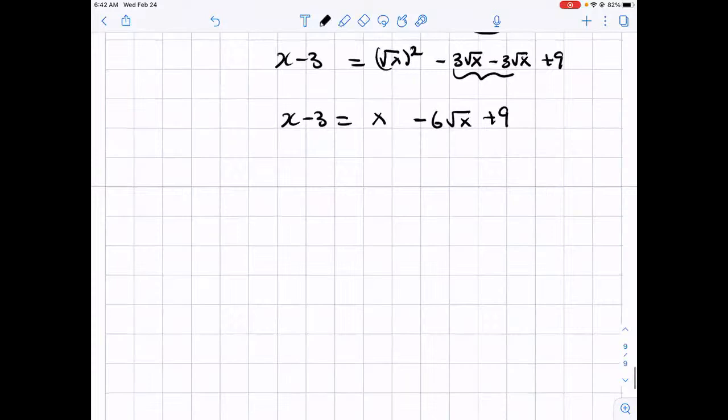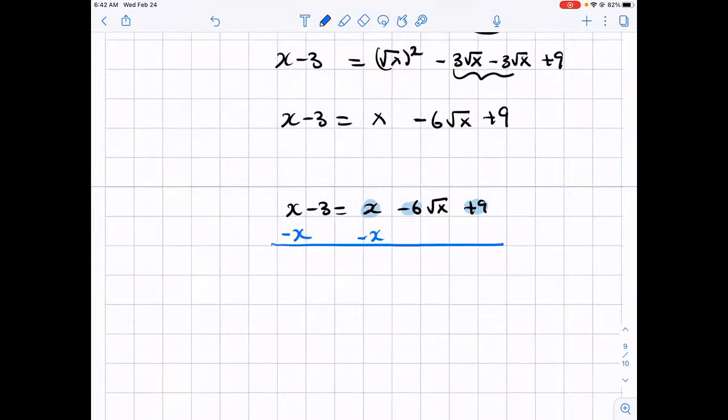Okay, so let's see. Move everything to one side except for the radical, right? We have to move here the x, the 9, and the -6 coefficient. Those are the things we'll have to move to get the radical by itself. So choose one and just get rid of it. The first thing I'm going to do is subtract x on both sides.